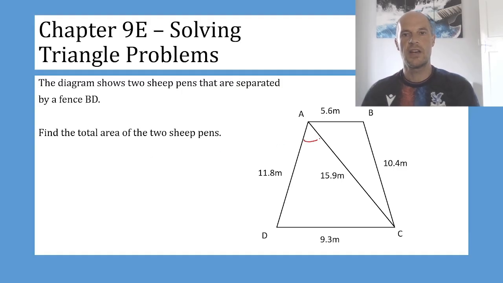Okay, so for the next part of the question, we need to find the total area of the two sheep pens. So we know that this angle here was 35.48 and this angle here was 8.74, so we can use the area formula.